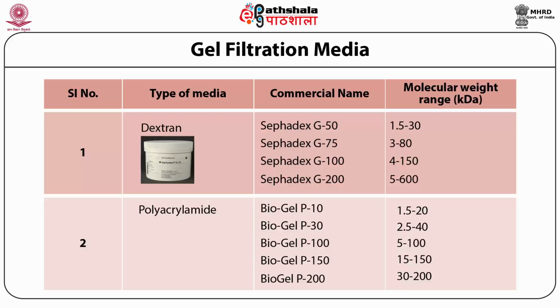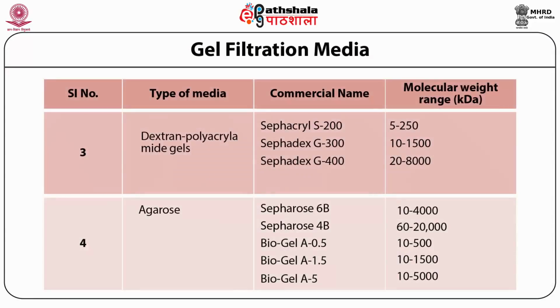Polyacrylamide based gel media is also available in the market under the name of Biogel P. It is available from the size P10 to P200, and it can also have a molecular range from 1.5 to 200 kilodalton. Dextran and polyacrylamide gel media is also available commercially, known as Sephacryl, and they are also available in different sizes.